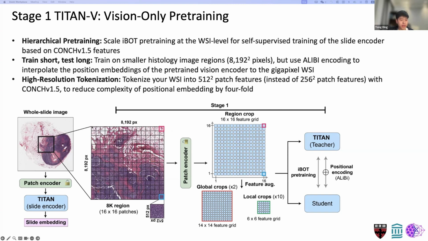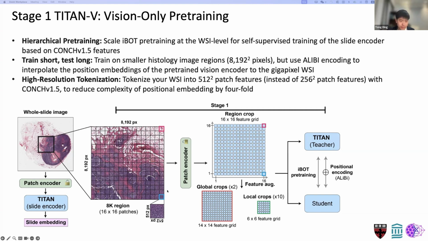Even though we are training at this smaller ROI level, we adopt the philosophy of train short, test long, inspired by how people build large language models, where we train on shorter sequences, or shorter sentences, but at inference time we can apply the model to document level data. So here we train on 8K by 8K ROIs but run inference at the whole slide level.